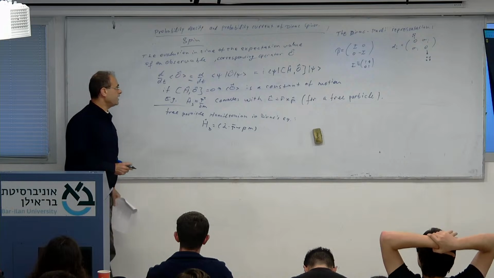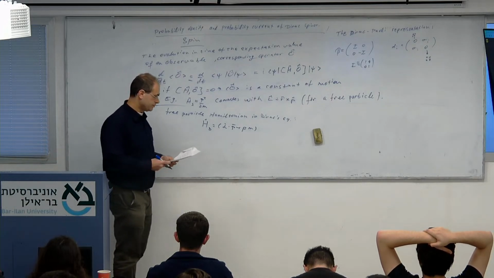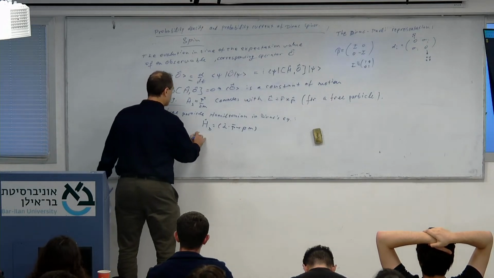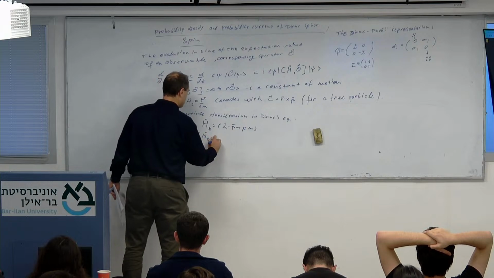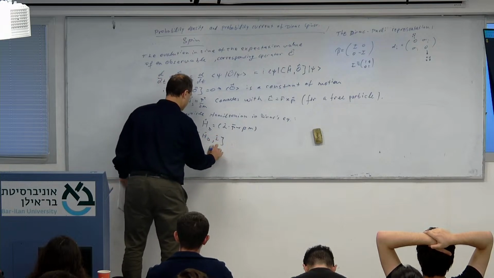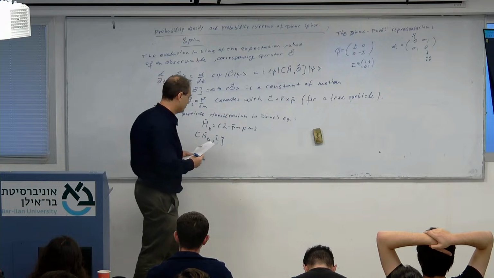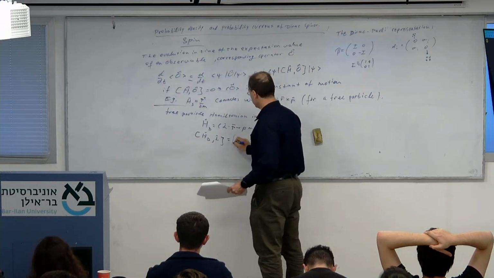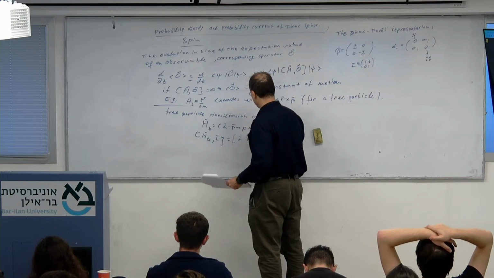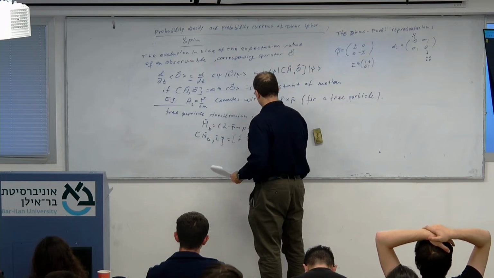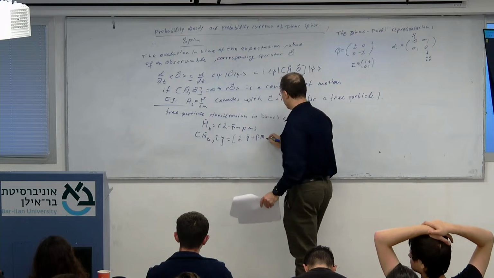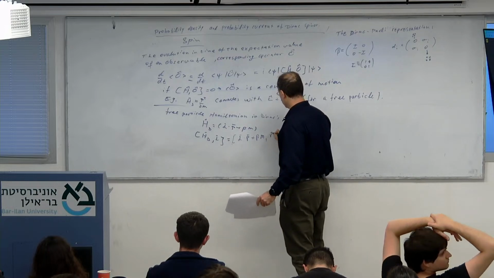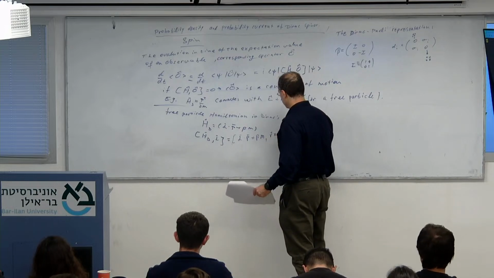Does it commute with L? Let's see. H_D L is alpha dot p plus beta m, and commuting with R cross p.